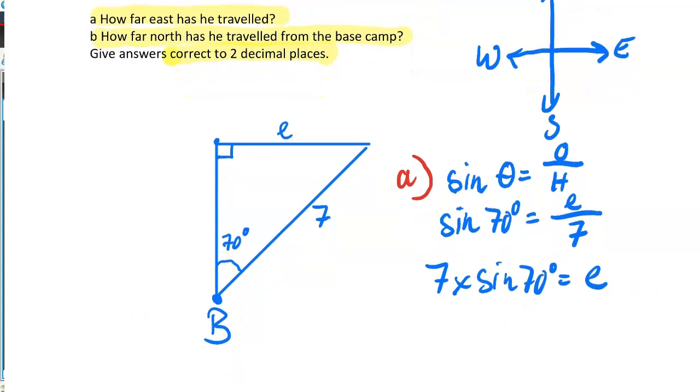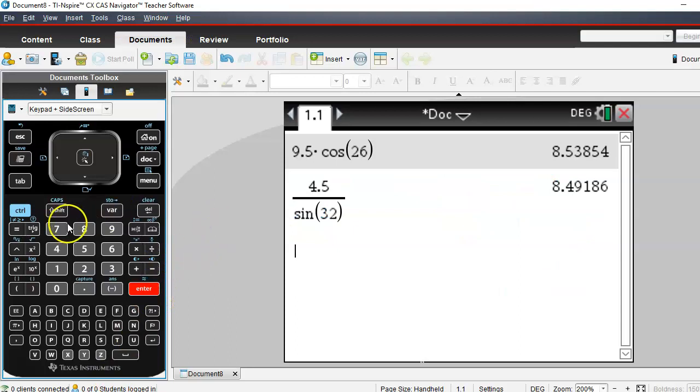Then I get my calculator. So 7 times sine 70 degrees.